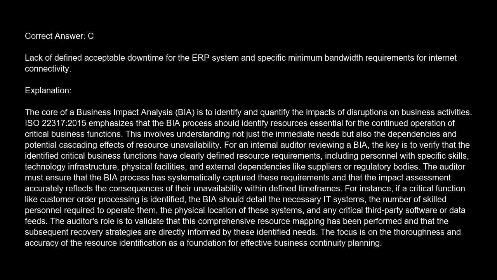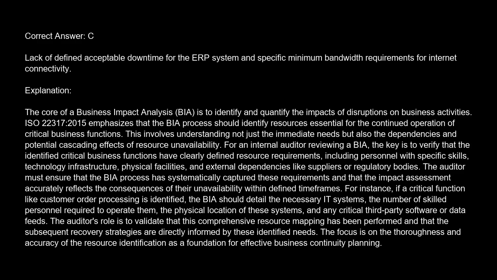The correct answer is C. Lack of defined acceptable downtime for the ERP system and specific minimum bandwidth requirements for internet connectivity. Explanation. The core of a business impact analysis, BIA, is to identify and quantify the impacts of disruptions on business activities. ISO 22317-2015 emphasizes that the BIA process should identify resources essential for the continued operation of critical business functions.